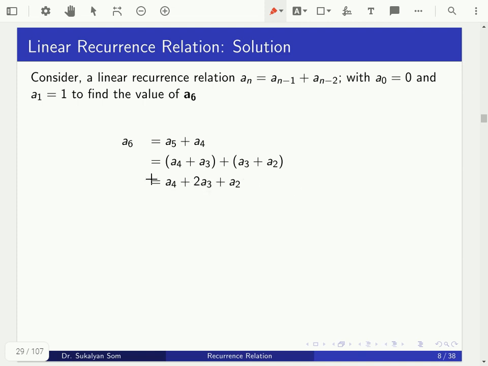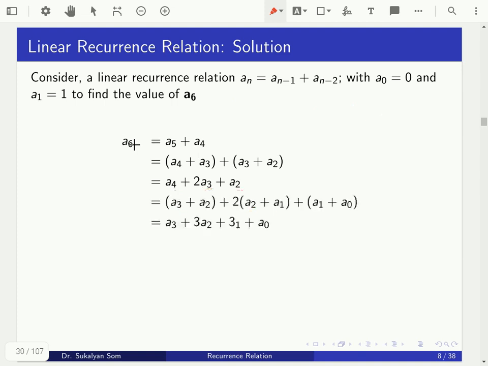Now again, please look carefully that we do not know what a4, a3 and a2 are. So we will be using the given recurrence relation again to find the value of a4, a3 and a2 so that we can get the value of a6.